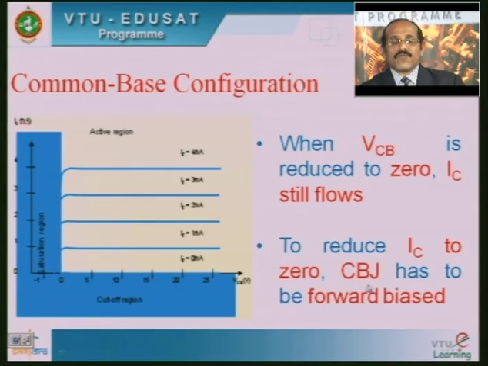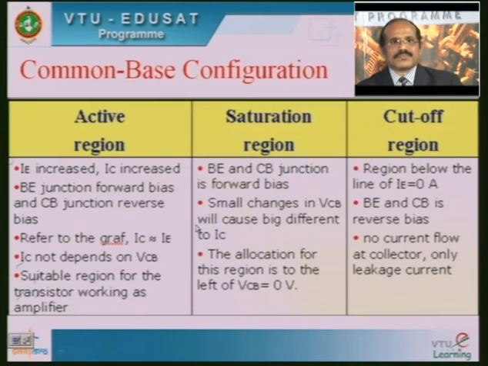We need to forward bias the collector base junction. We have to reverse the terminals of the voltage supply, the power supply. If you interchange the terminals, the collector base junction will be forward biased, and the collector current will reduce to 0.